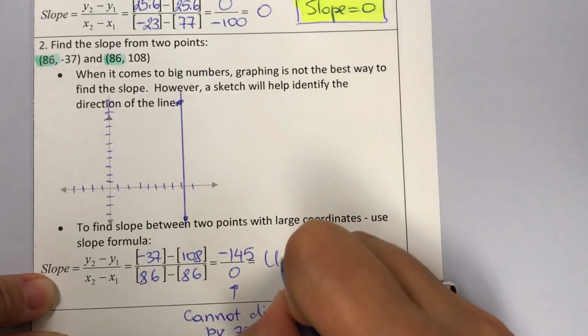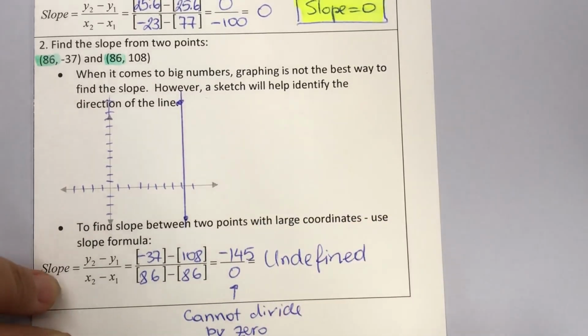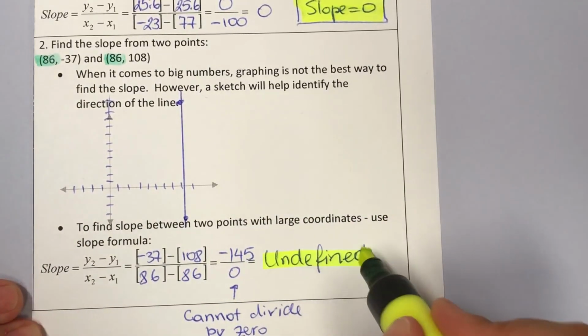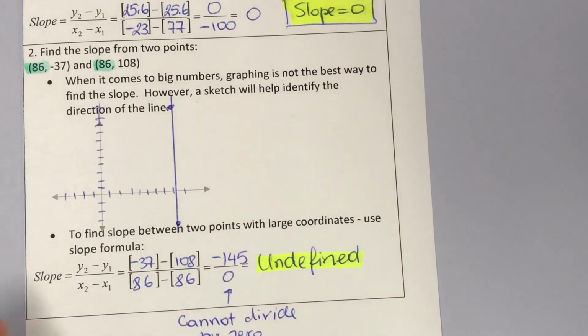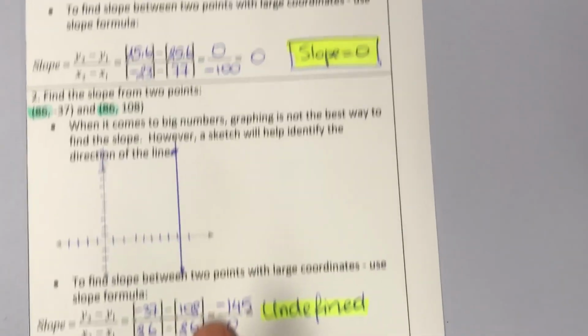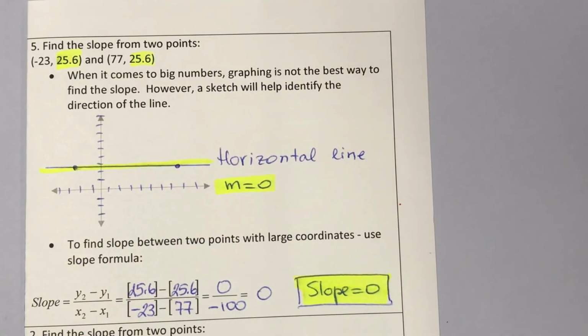Therefore, the slope is undefined or not existent. Vertical line, undefined slope. Horizontal line, 0 slope.